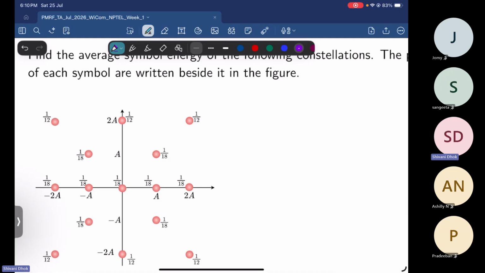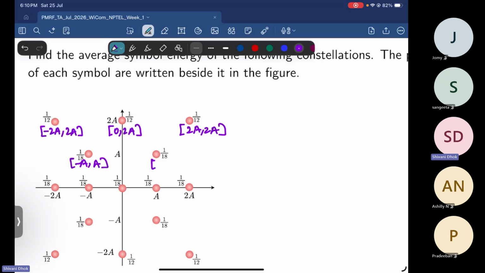So this point here is basically minus 2a comma 2a. This point is 0 comma 2a. This point is 2a comma 2a. This point is minus a comma a.